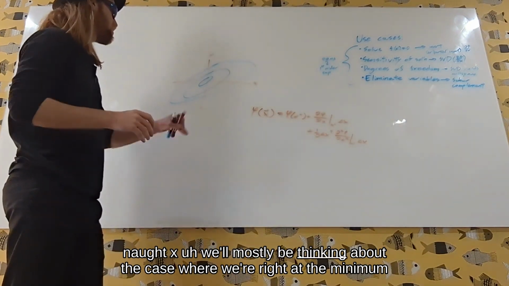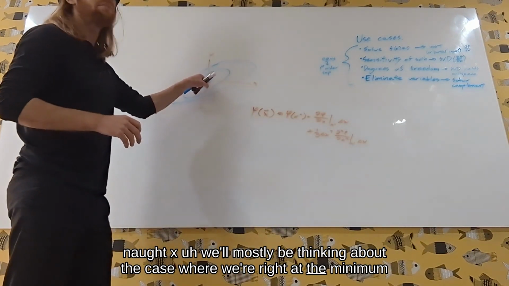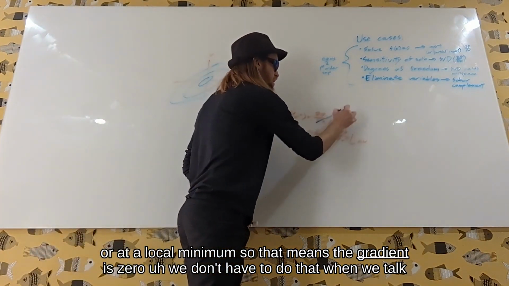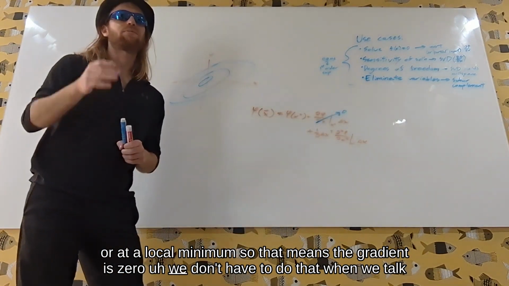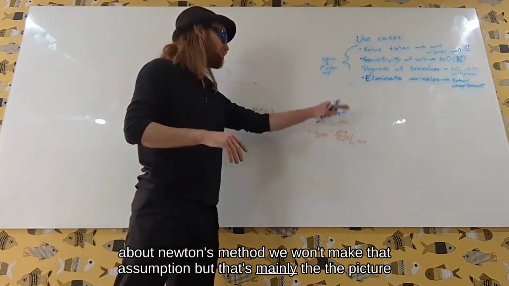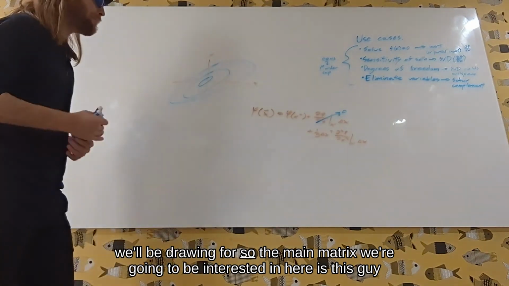We'll mostly be thinking about the case where we're right at a local minimum, so the gradient is 0. We don't have to assume that when we talk about Newton's method, but that's mainly the picture we'll be drawing for now.